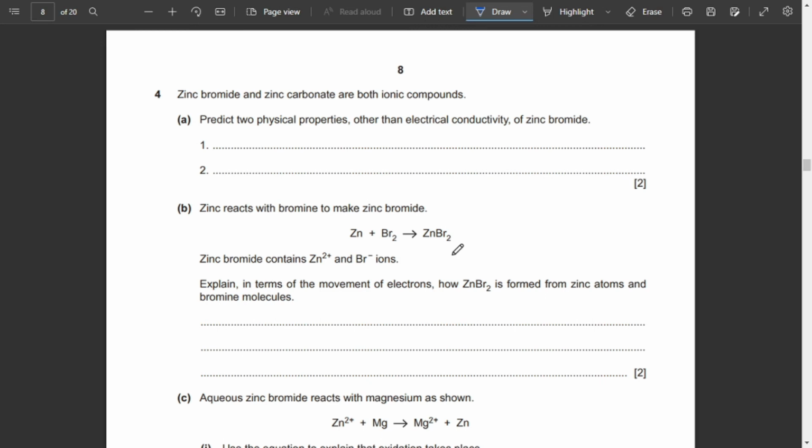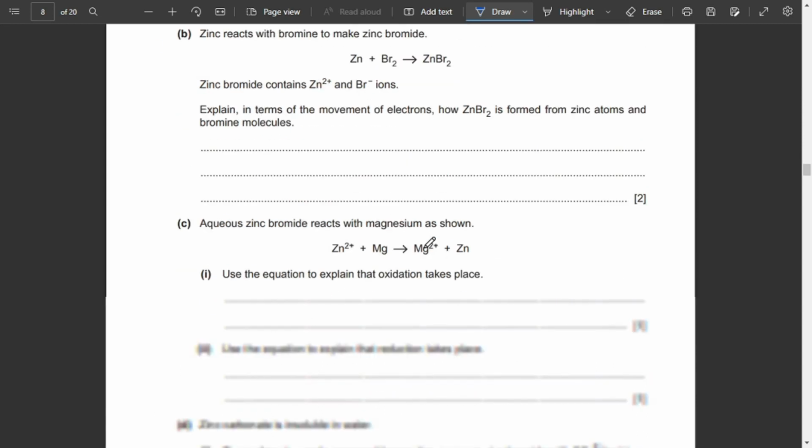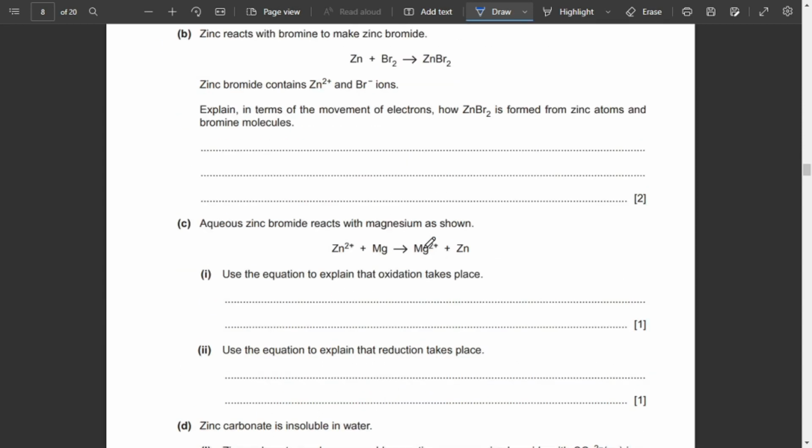So zinc will lose its electron and then bromine gains the electron. Since zinc has the ability to lose two electrons, two bromine will be involved in this reaction. That means zinc will give away its electrons to two bromines, and bromine will accept two of the electrons, hence forming ZnBr2. That's all. You can frame it into a nice proper answer and write it over there.